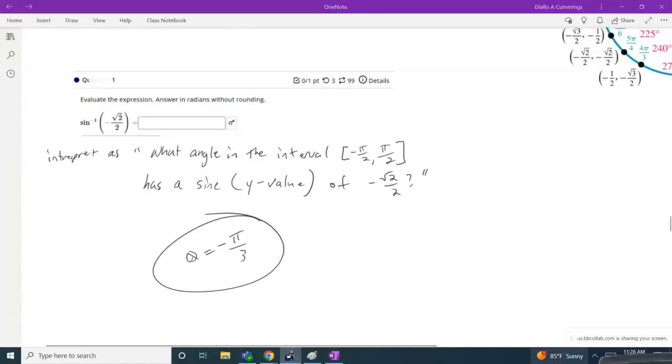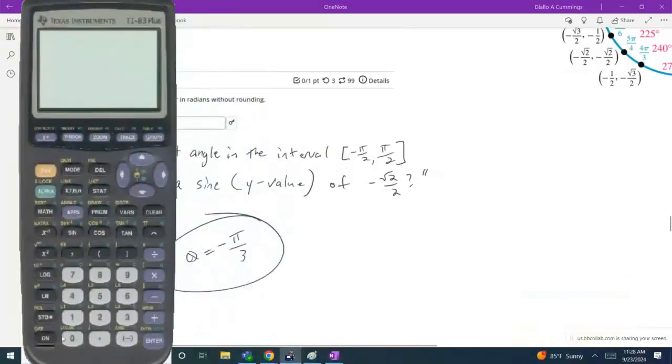If I decimalize these, negative pi over 2 gives me negative 1.57, and positive pi over 2 gives me a positive 1.57. Excuse me, this should have been negative pi over 4.